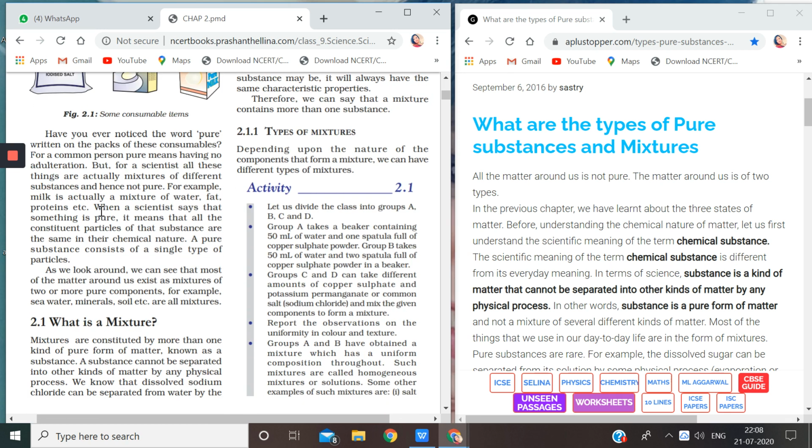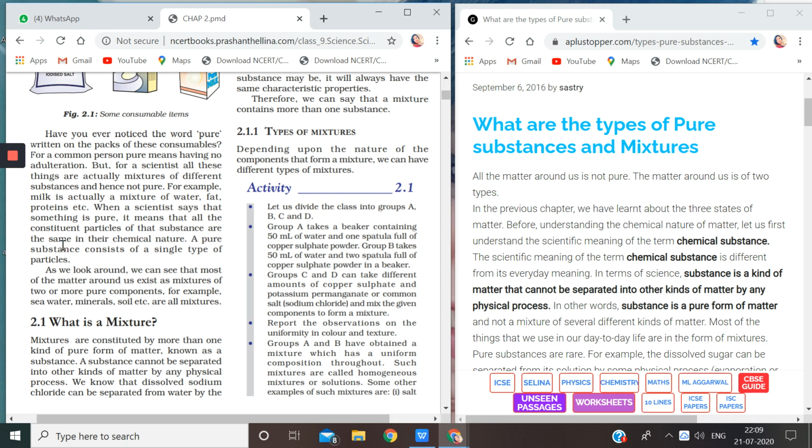Then, children, when a scientist says that something is pure, underline this. This is the definition of a pure substance. It means that all the constituent particles of that substance are the same in their chemical nature.